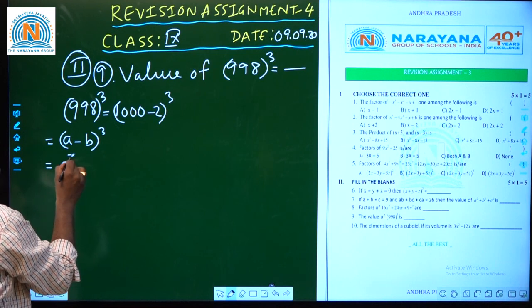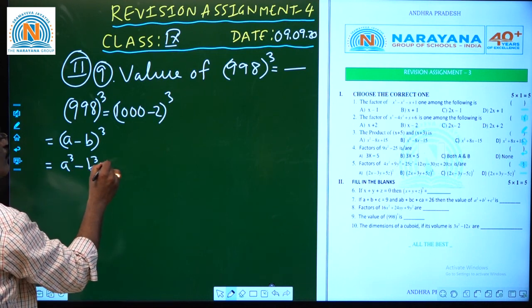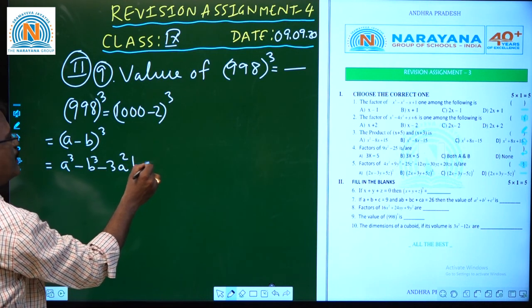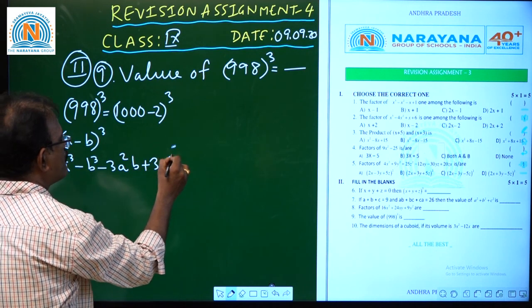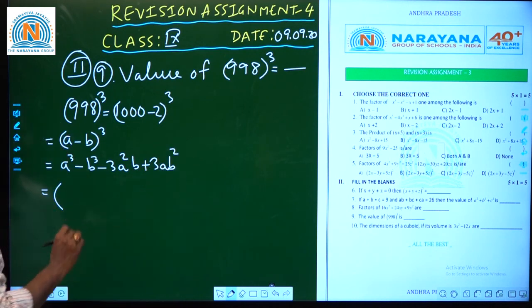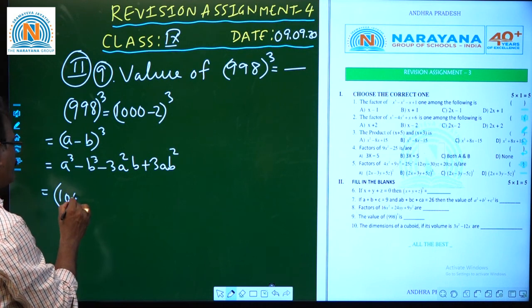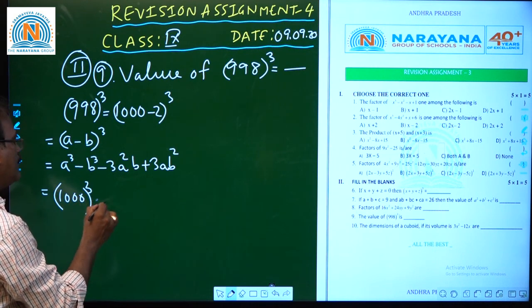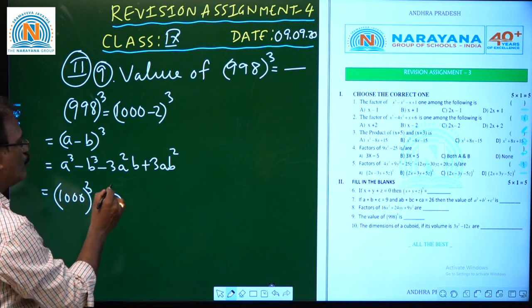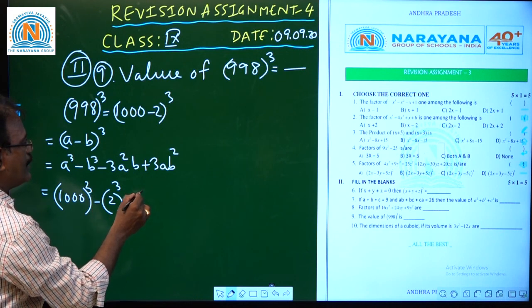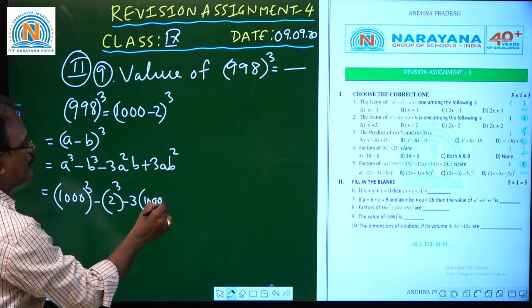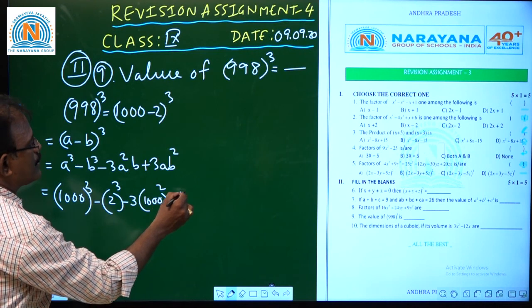So this is a cube minus b cube minus 3a square b plus 3ab square, children. So what is a? 1000. What is b? 2.